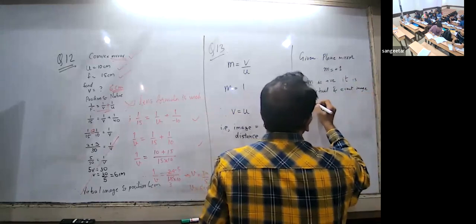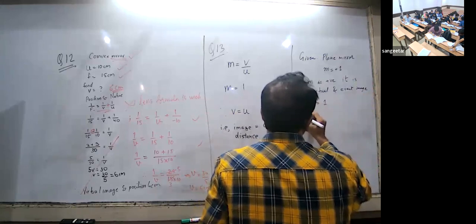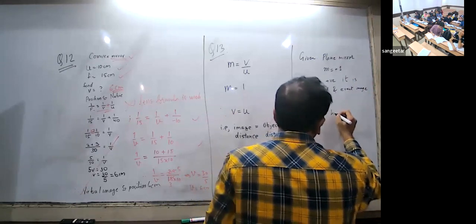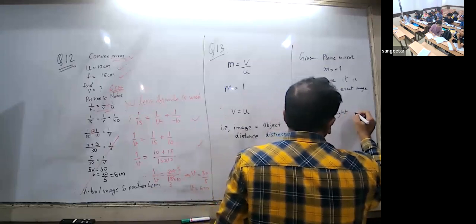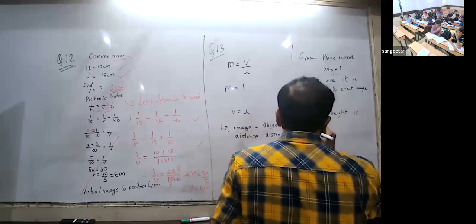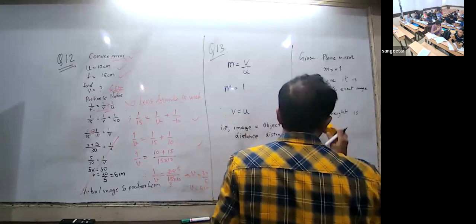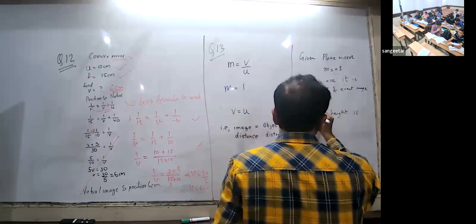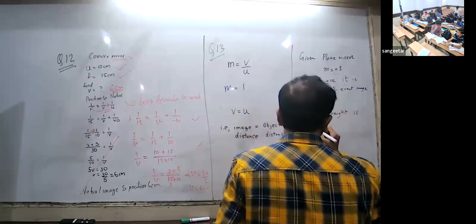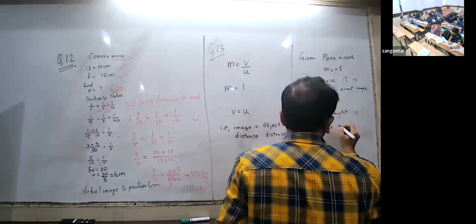Since m is equal to 1, therefore object height, sorry, image height is same as object height.